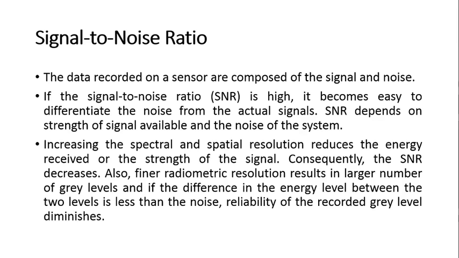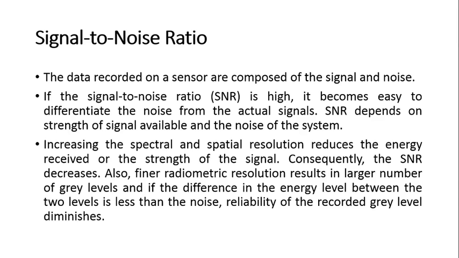It could be due to some aberration in electronics in the sensor part or data acquisition part. It could be due to moving parts. It could be a defect in the scanning system as it degrades over time. So in short, data recorded on the sensor are composed of the signal and noise.